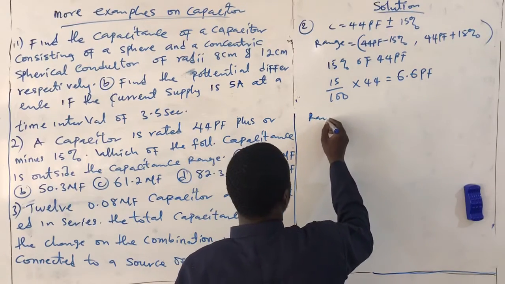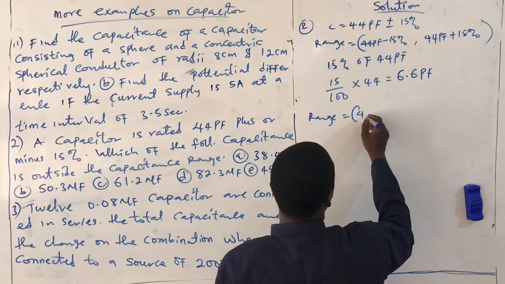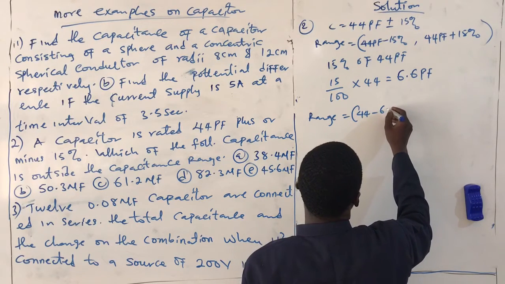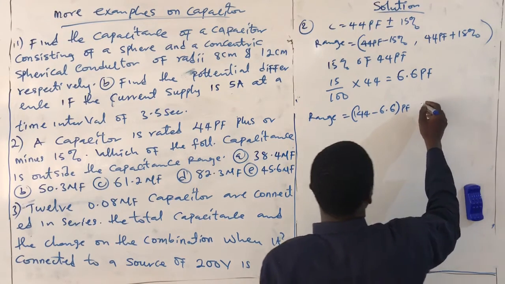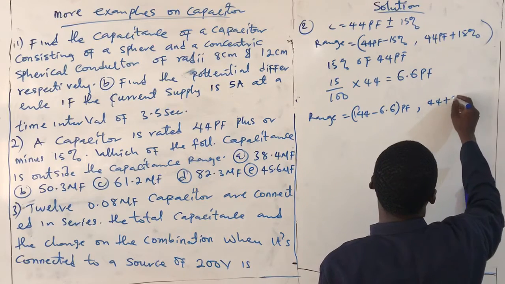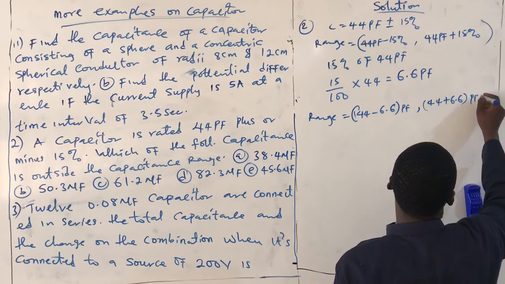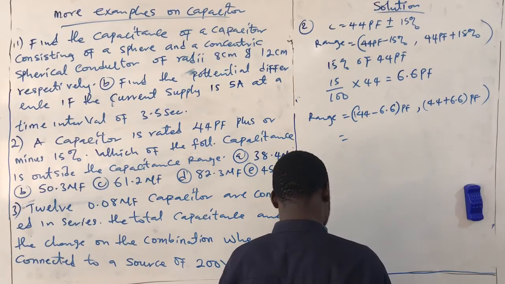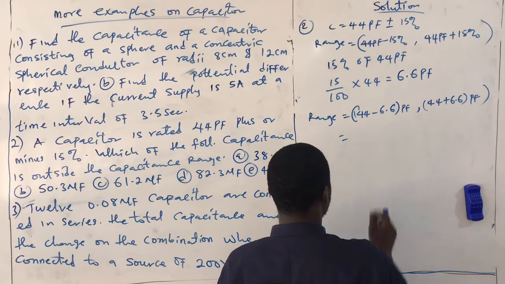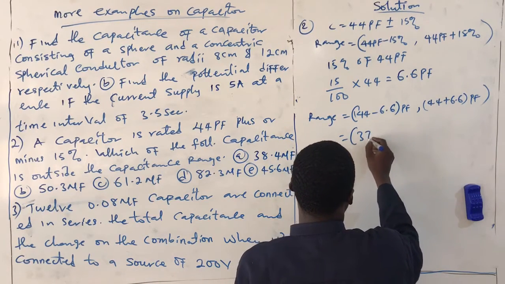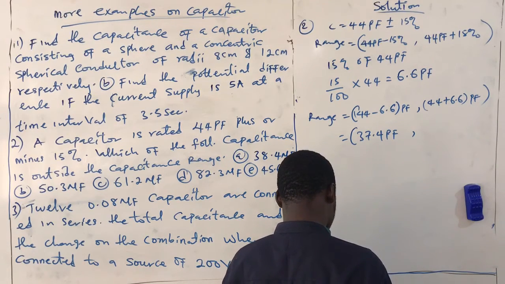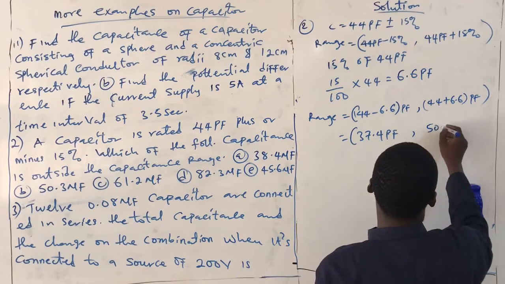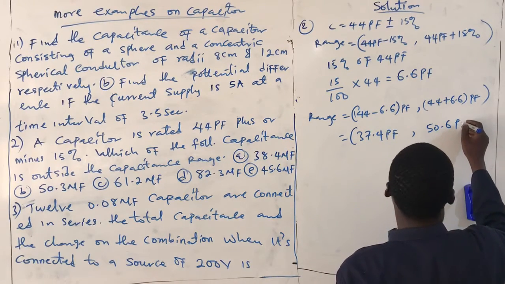Our range will now be equal to what? 44 minus 6.6 picofarad, comma, 44 plus 6.6 picofarad, which is the same thing as 37.4 picofarad, comma, 50.6 picofarad.